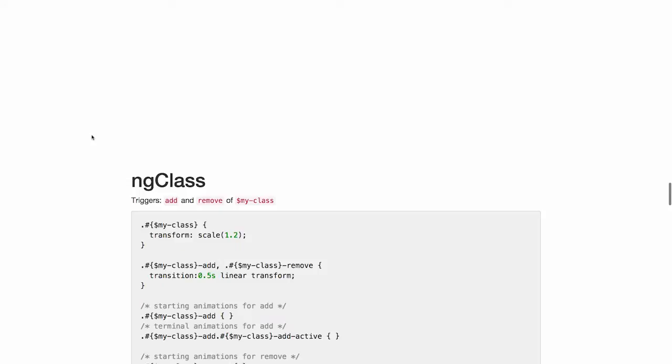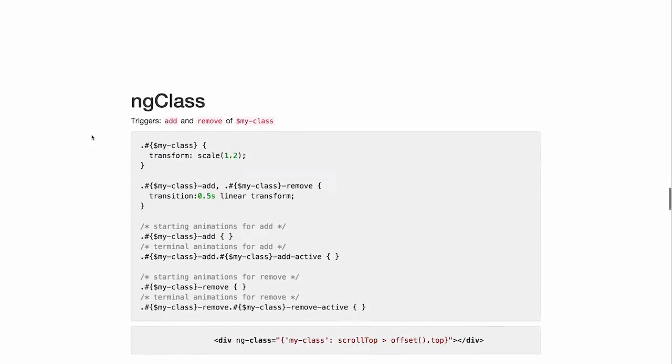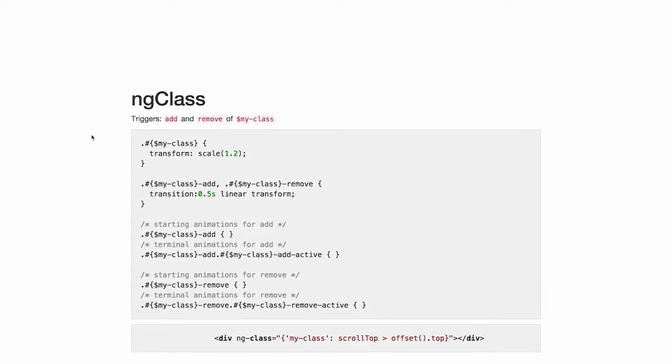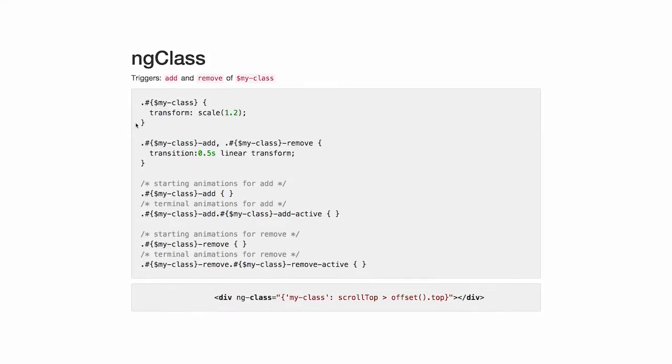The reason why this is so confusing is you can also animate ng classes. And it works exactly the same way as ngShow and ngHide, except instead of adding and removing ngHide, it removes your class and adds your class. So basically you have something like this.